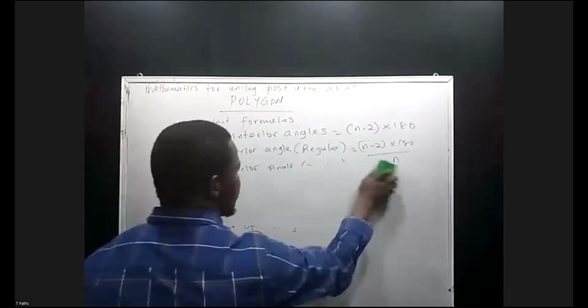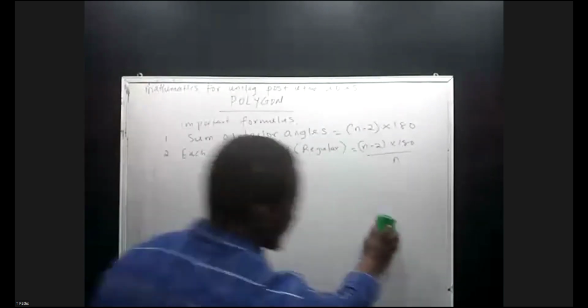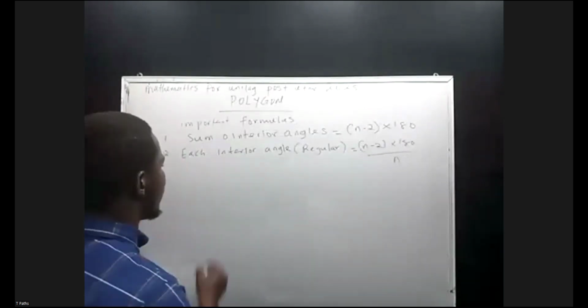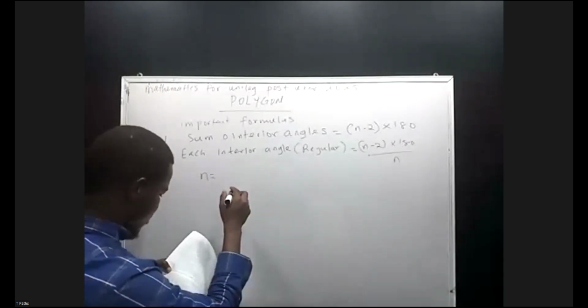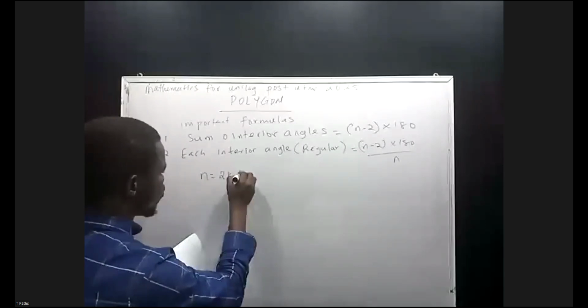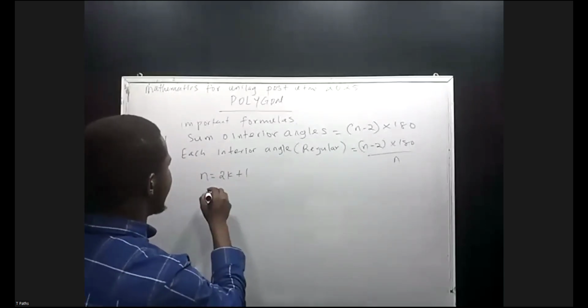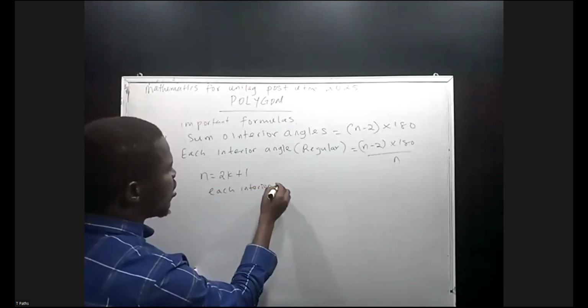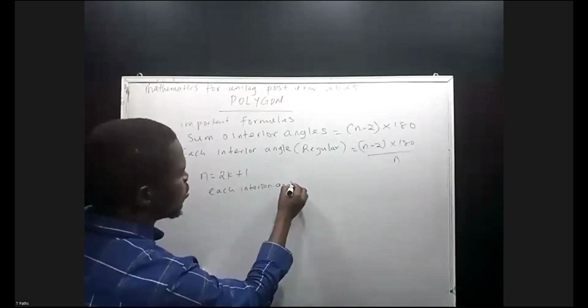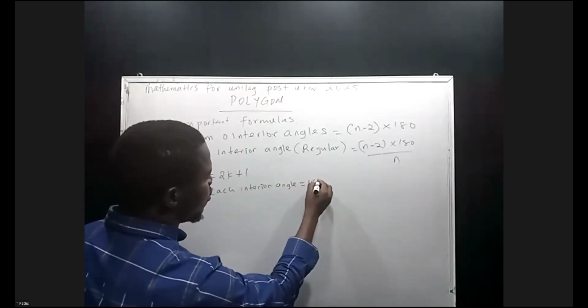Look at this formula that we want to use. Now, they are giving you n to be what? n to be 2k plus 1. And they have given you each interior angle to be 140.